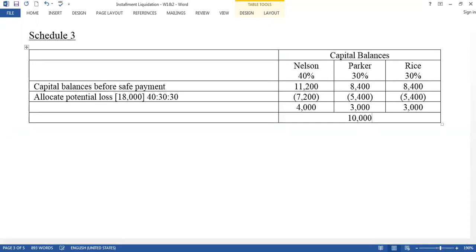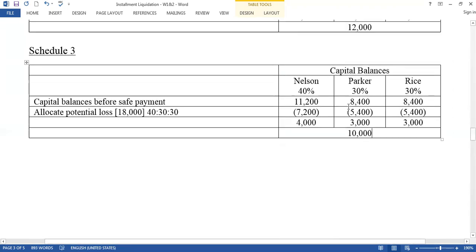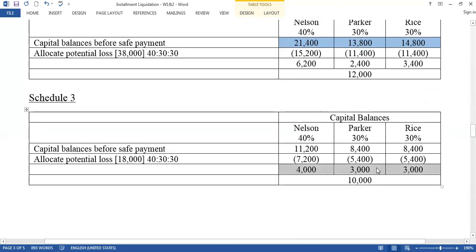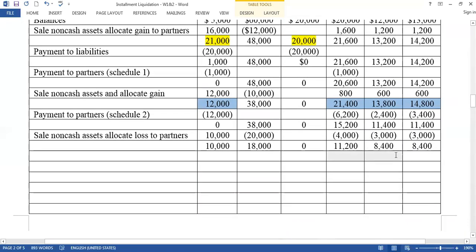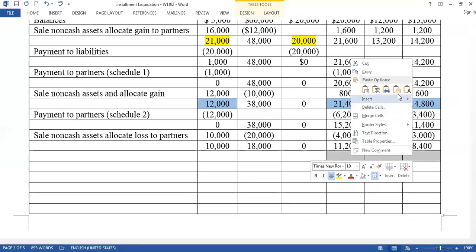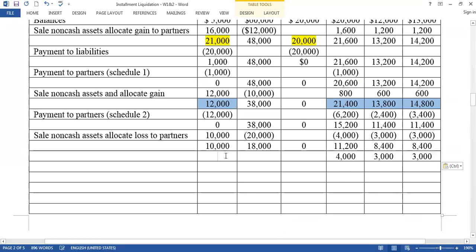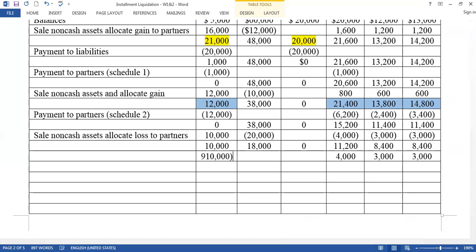That means all are surviving. So this $10,000 is going to be received by them, and $10,000 is going to decrease.